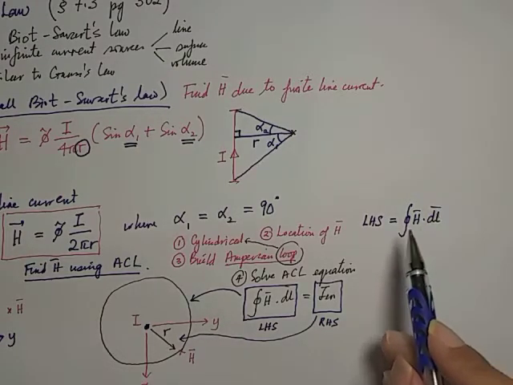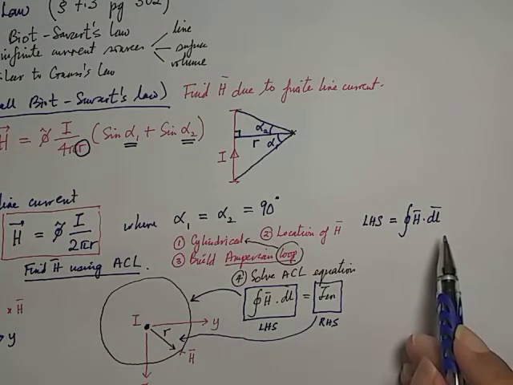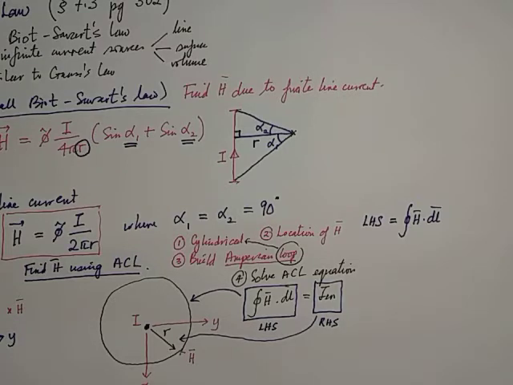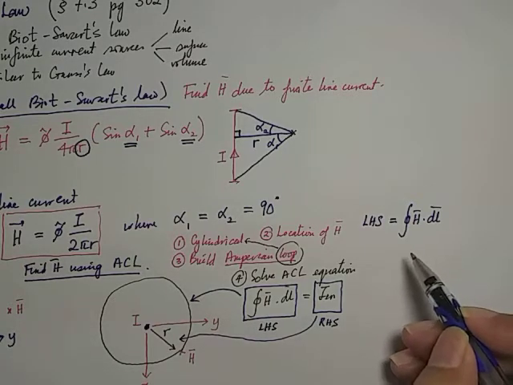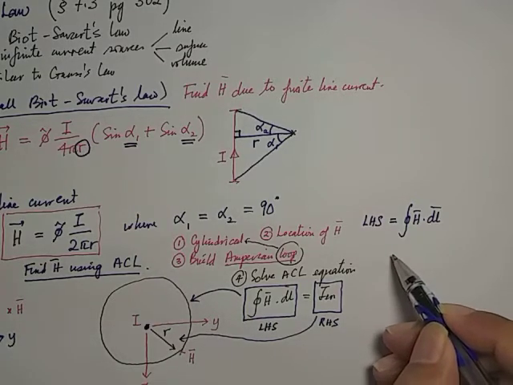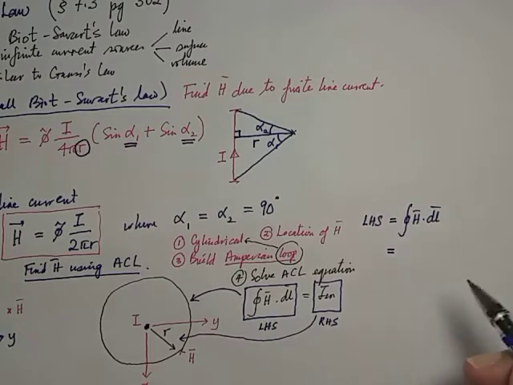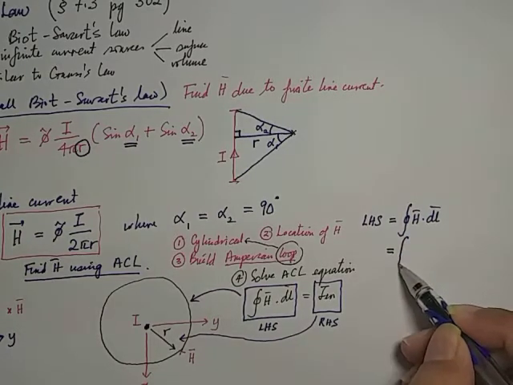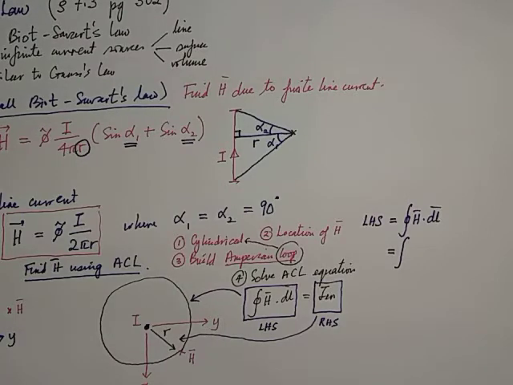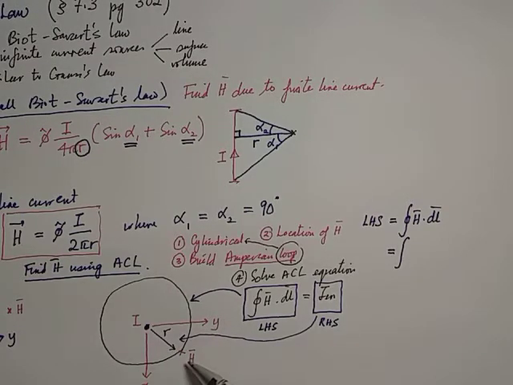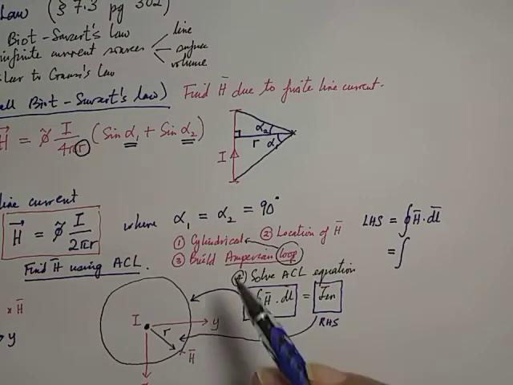Remember, the way we define this equation must refer to the diagram. So I'm going to substitute now. The integration is going to be there. How about the H? What should H be at this position? At this particular junction, I'm not sure. Therefore, I'm going to represent the H in general form based on which coordinate?